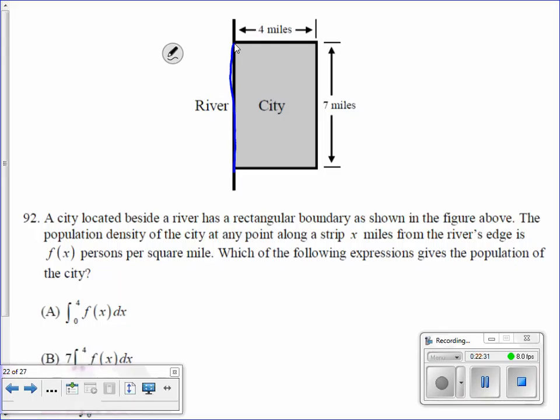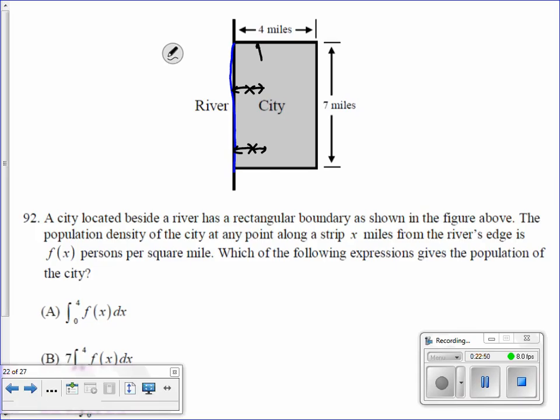So how should I draw this strip? Do I want to draw a vertical strip or a horizontal strip? It's got to be X miles away from the river's edge. So let's say here's the river's edge. If I go at X miles, I want to have a strip.